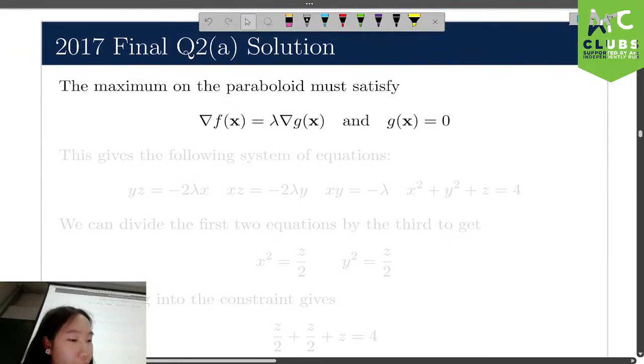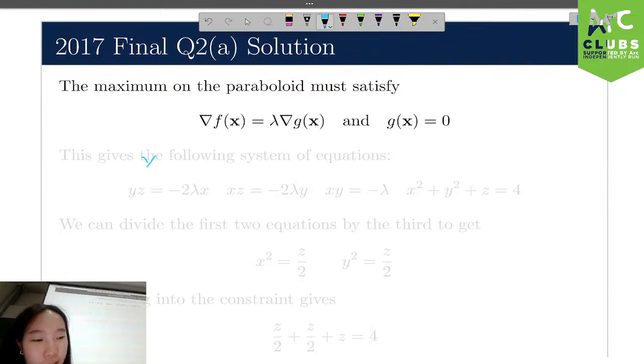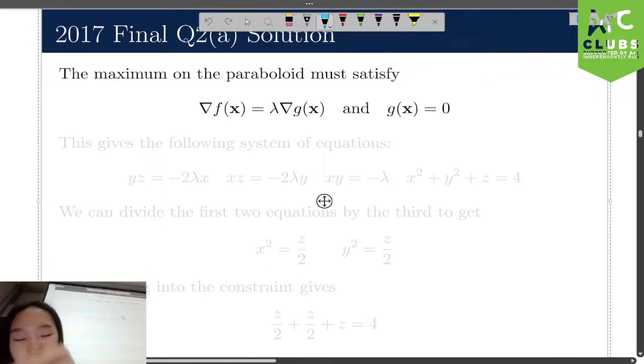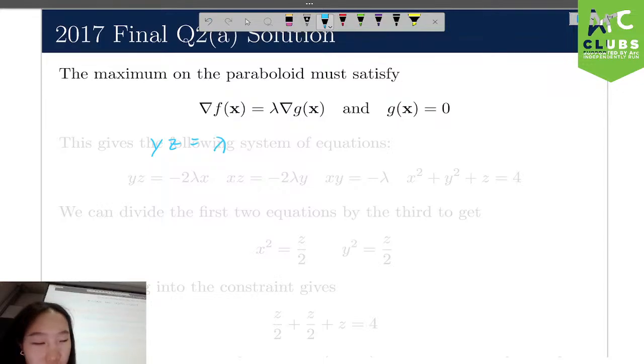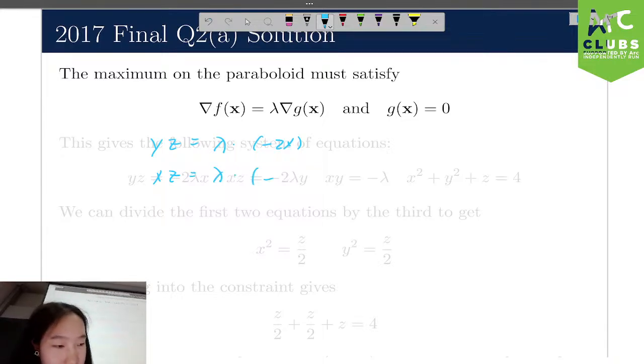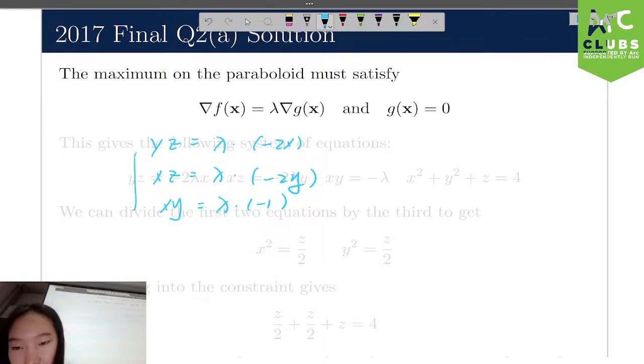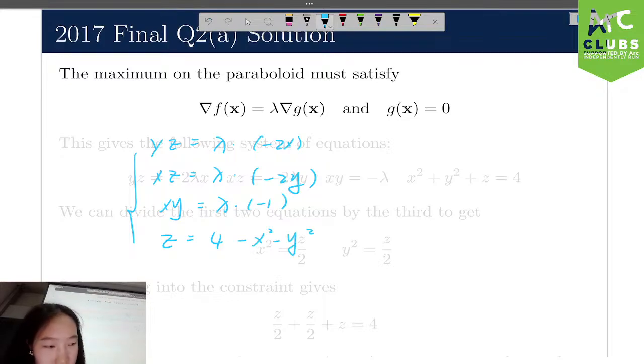So what we have is yz equals lambda times -2x, xz equals lambda times -2y, and xy equals lambda times -1. Don't forget our constraint: z equals 4, take away x squared and y squared.